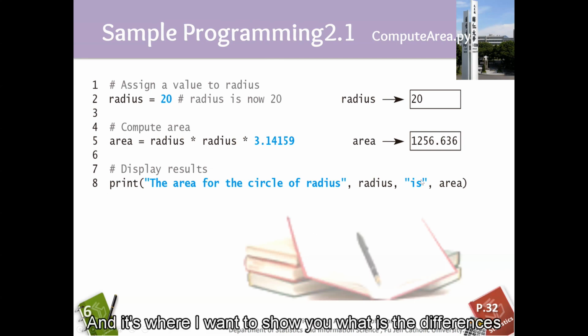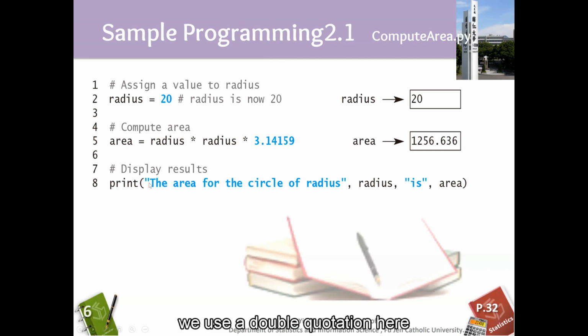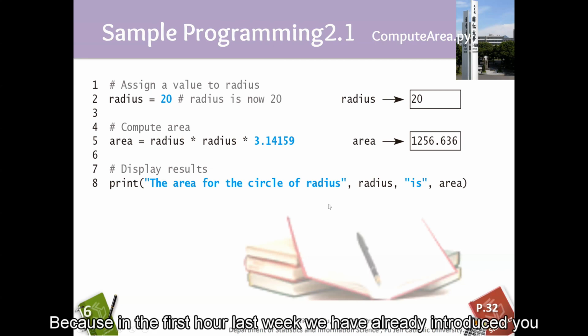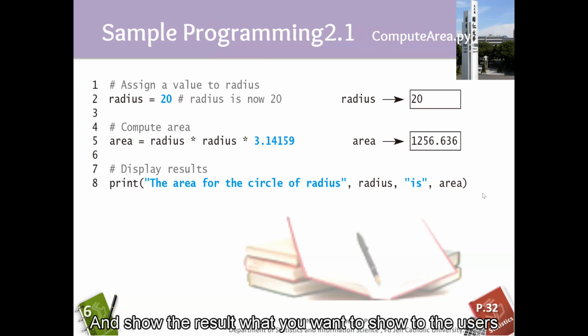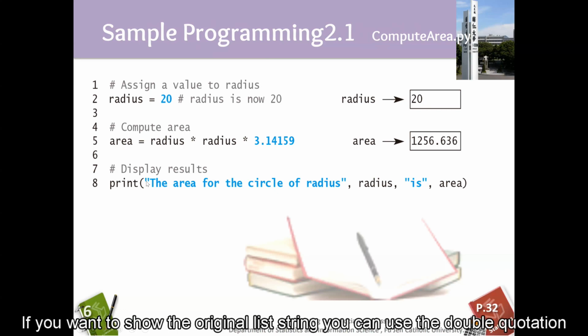In this part I want to show you the differences. We use double quotation marks here because in the first class we already introduced that in Python, print is a function that can show the result you want to show to the users. If you want to show the original string, you can use double quotation marks.